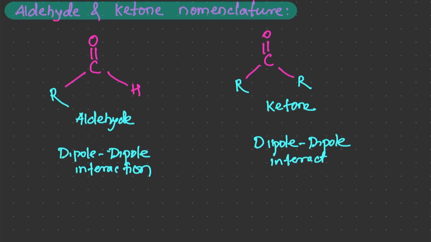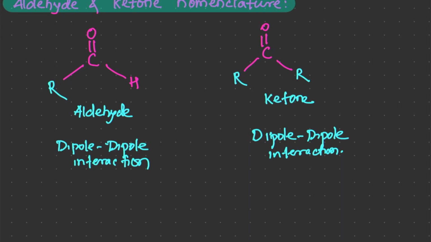So comparatively, these molecules are going to have a higher boiling point than a normal alkane or alkene, but they're going to have a lower boiling point or melting point in comparison to alcohol. They do have polarity because oxygen is more electronegative, so it would have a delta negative, which means carbon is going to have delta positive. Same here, oxygen is going to be delta negative, and here it's going to be delta positive.